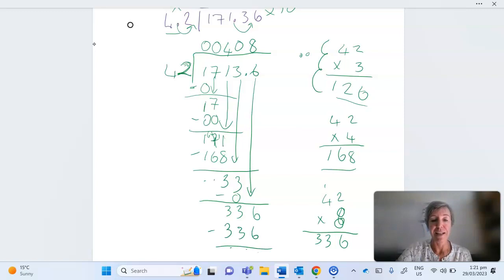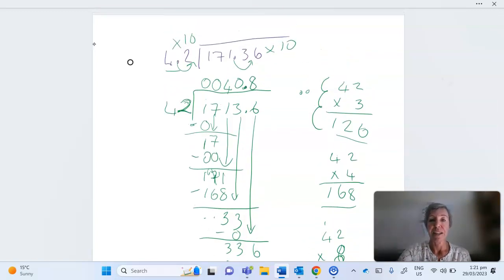And when I minus that, I get nothing. Decimal point goes exactly above there. So my final answer is 40.8.